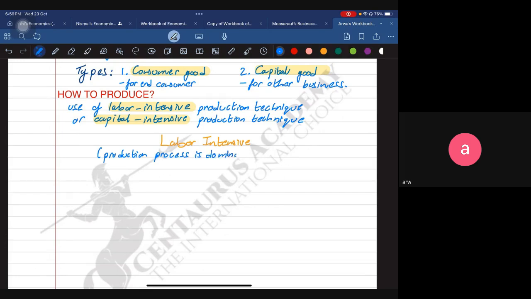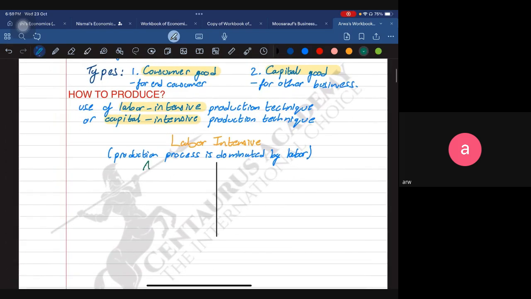Agree with the point? By domination it does not mean that there are no machines. It's just that it is dominated by labor, there is more labor than capital, the way you just said it, right? Okay, here we will talk about the advantages and disadvantages of this.